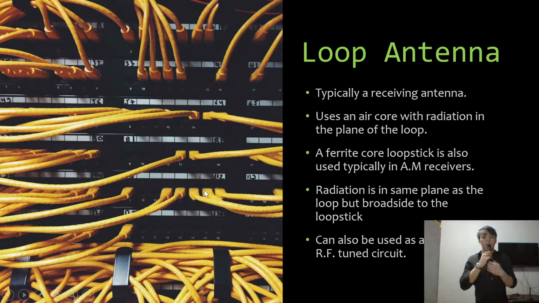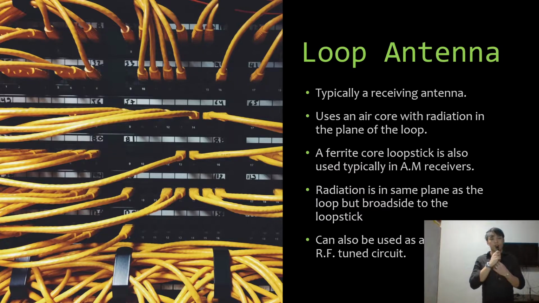So, loop antenna. Typically, it is a receiving antenna. It uses an air core with radiation in the plane of the loop. A ferrite core loopstick is also used, typically in AM receivers, in AM radios.